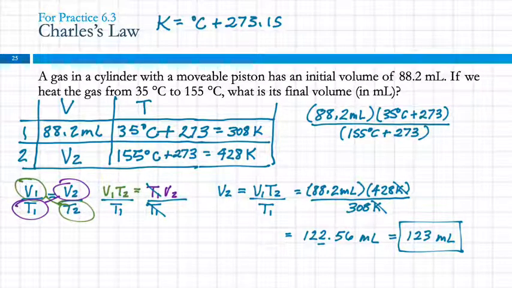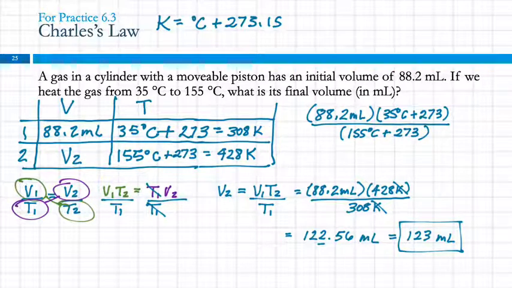I can't. Converting milliliters to liters, things like that, all the conversions are just multiplying and dividing. Temperature conversions always involve something adding or subtracting. And so the conversion doesn't cancel out. And so we can't do that.